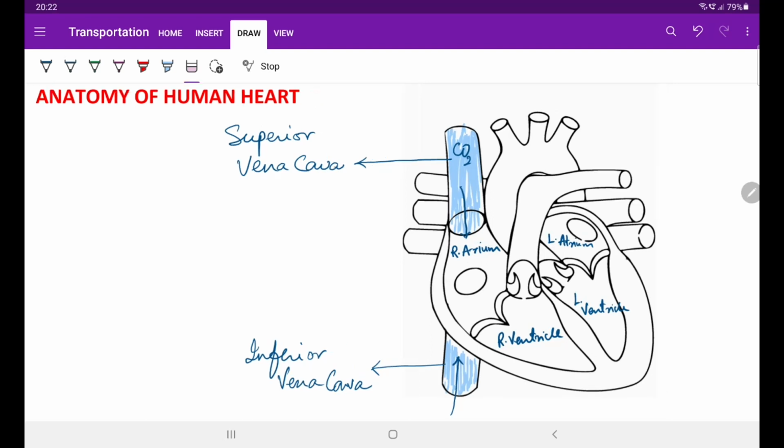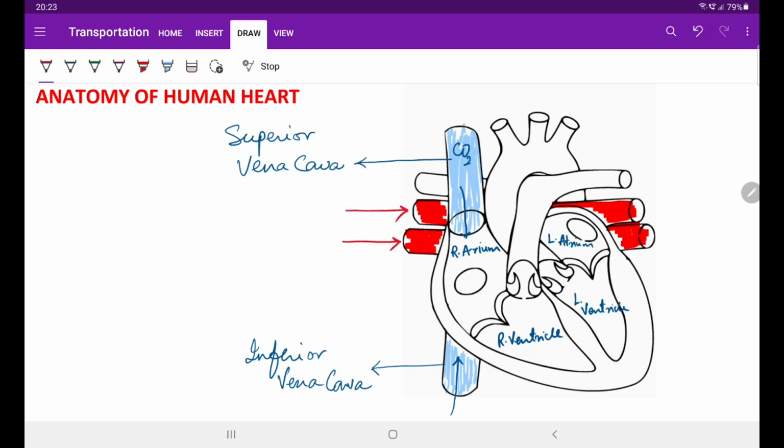The second chamber of the human heart, that is the left atrium, is connected by 2 blood vessels, and these blood vessels which I am drawing with the red color are the pulmonary veins. Now, the word pulmonary refers to the lungs.